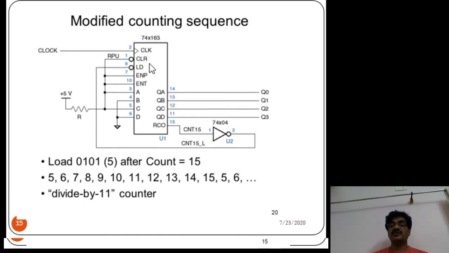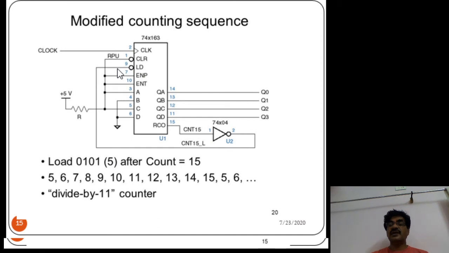Whenever the output becomes 15, that is 1111, the RCO output is asserted, that is RCO becomes 1. The output of RCO is connected to load through a NOT gate, so the load input is 0.